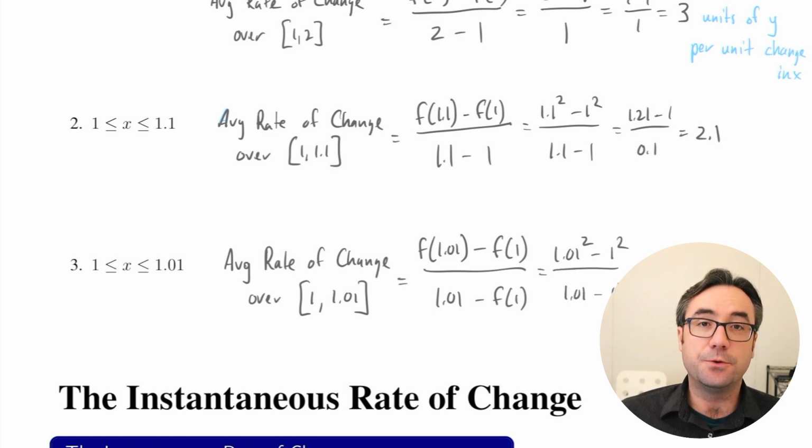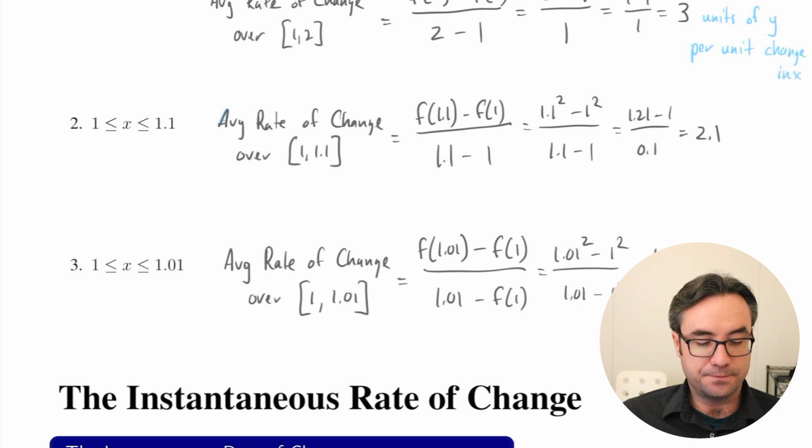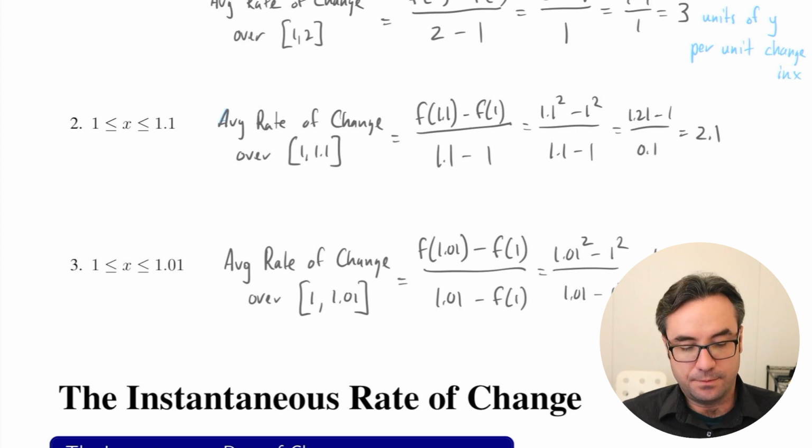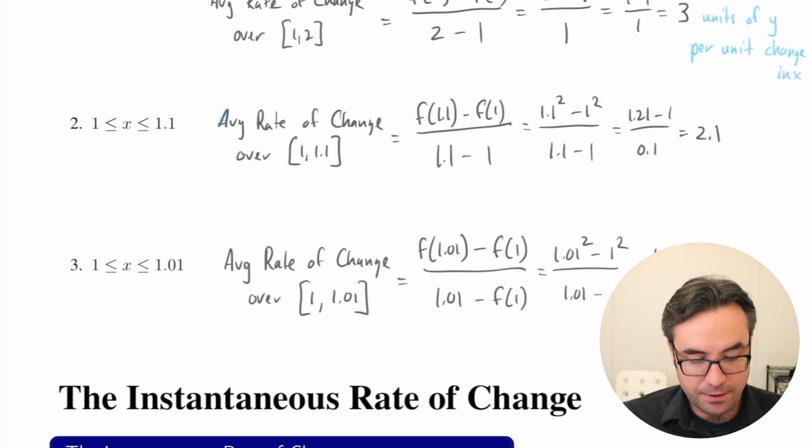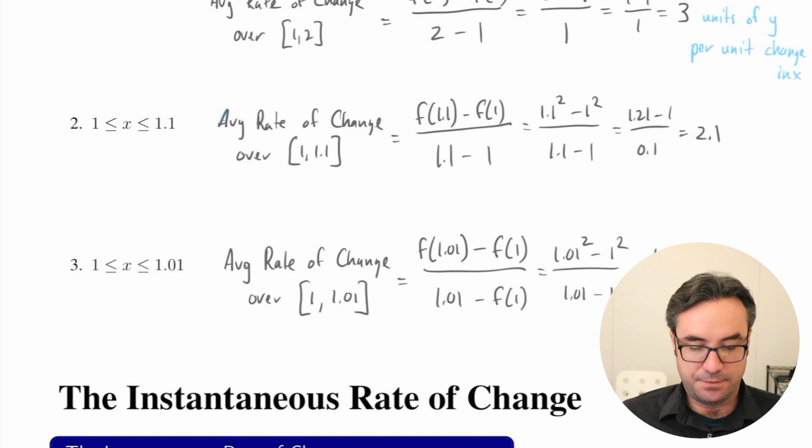We do the arithmetic, and we end up with 1.0201 when we square that decimal, minus 1 over, no squared there. Let's get rid of that. It should just be a 1. So these should just be the x values down here.